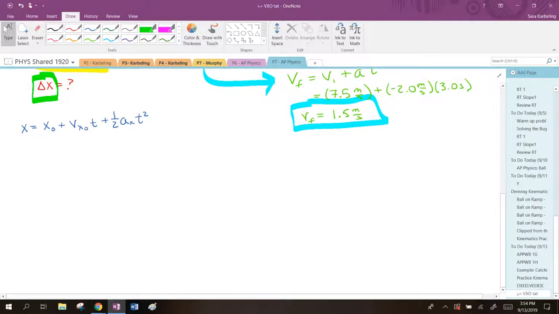The x minus x naught, what is x naught? It's not nothing. Initial position, right? I usually move that over and I just call this delta x. Change in position, displacement, is equal to, remember those little x's don't matter, so this is really v initial times time plus 1/2 a t squared. This is the one that you're going to write down all the time.